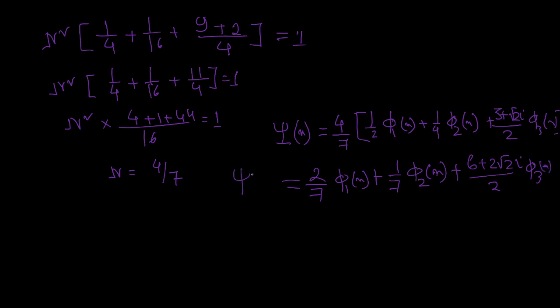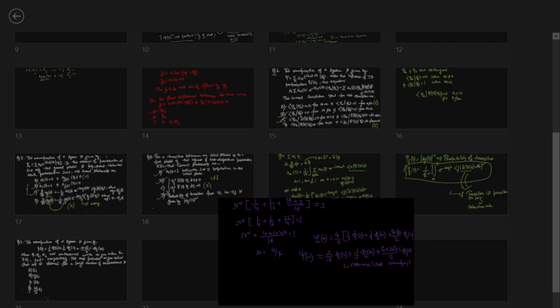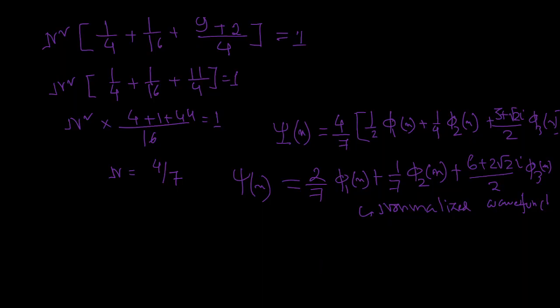So this is the normalized wave function. So normalization is done. Now we have to get the coefficient of each state, the probability of each state, because when we measure, the system will collapse onto 3 different states. Now which has the maximum probability, that will be found a larger number of times.